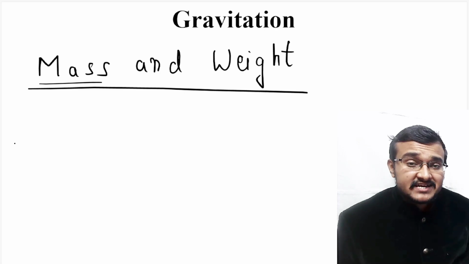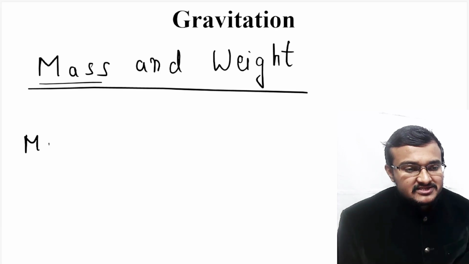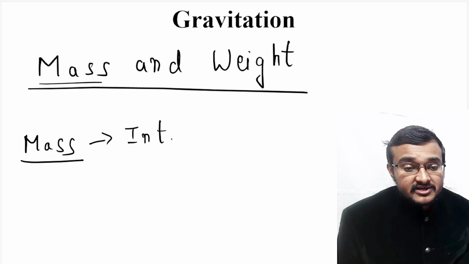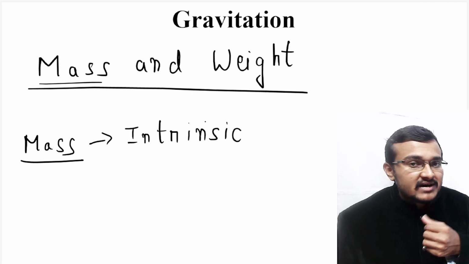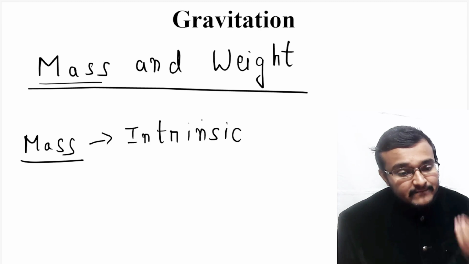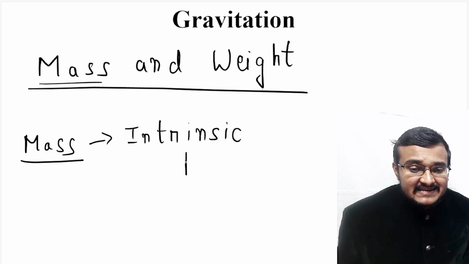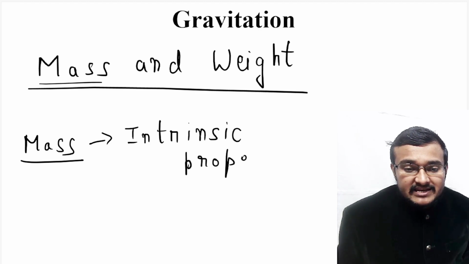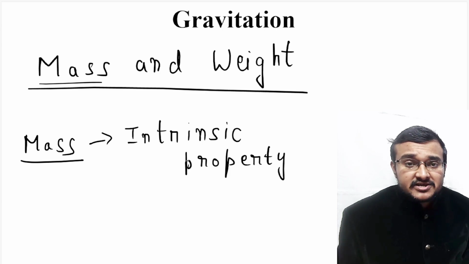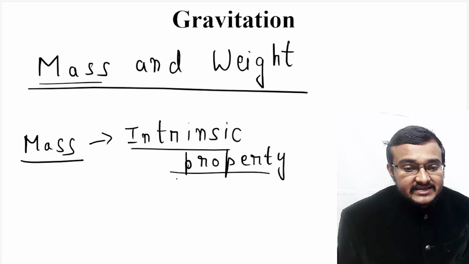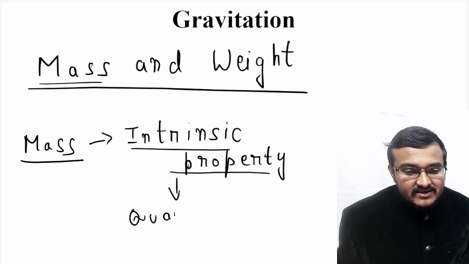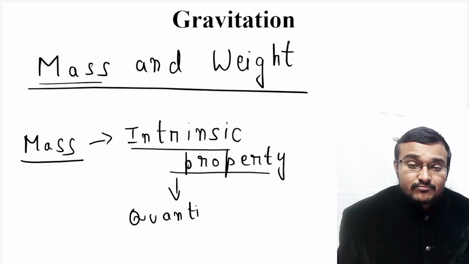Now we will understand what we mean by mass. Always remember, mass is an intrinsic property of a particular object. For example, you also have certain mass, I also have certain mass, and all the objects we are seeing around us have mass. This intrinsic property gives you the quantity contained inside a body.